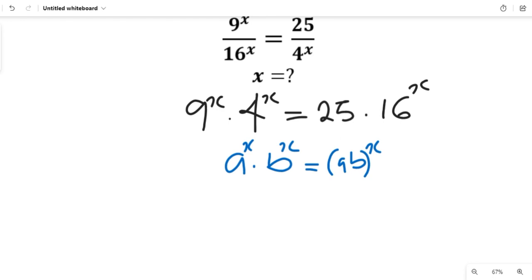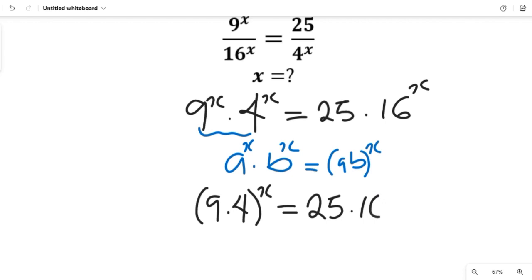And that's exactly what we are going to do here. So we are going to have 9 multiplied by 4 all to the power of x, and this will be 25 multiplied by 16 to the power of x.